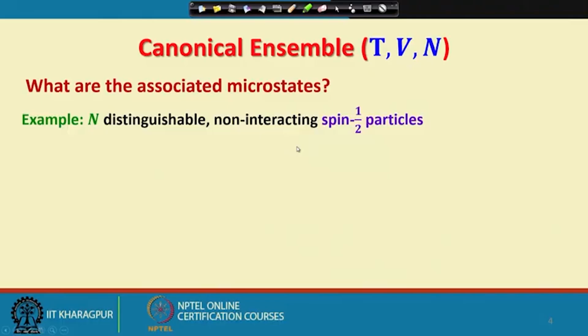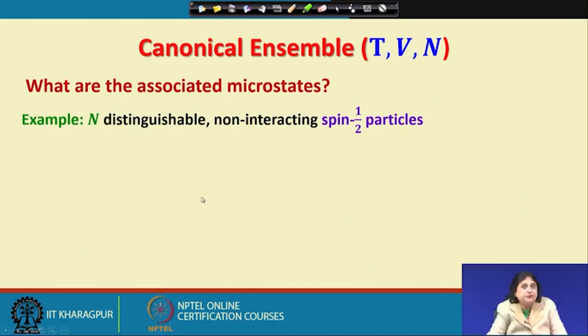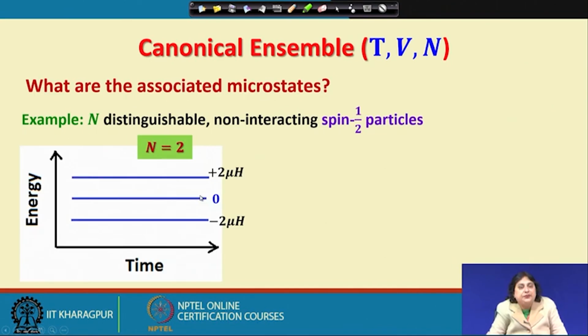So, if I look a little closely in terms of a simple example, let us revisit the example of n distinguishable non-interacting spin half particles present at a given temperature T, volume V, and the number of particles is fixed. Now, let me take this very simple example of two such particles.